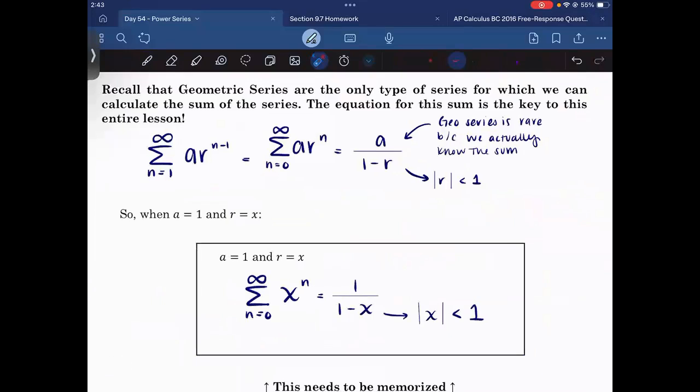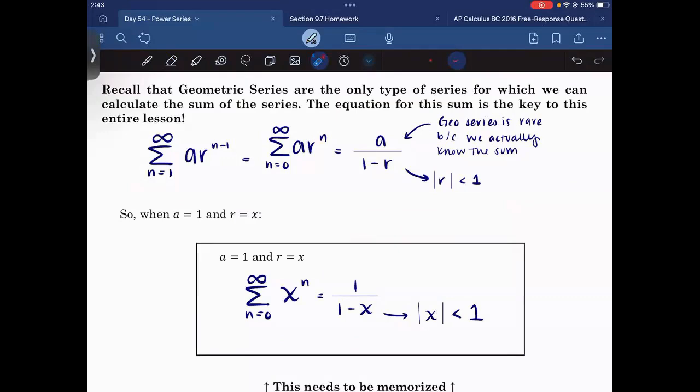Okay, so recall that geometric series are the only type of series for which we can calculate the sum. The equation for the sum is the key to this entire lesson. So here are some notes for you to write, just a reminder that the r value needs to be less than 1 for convergence.